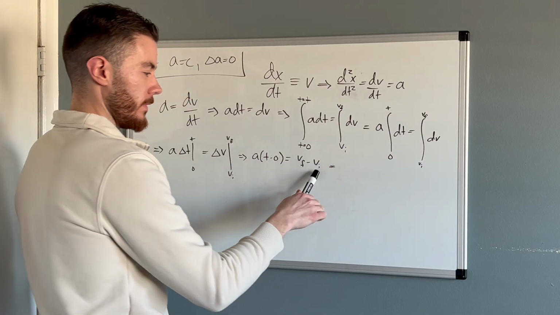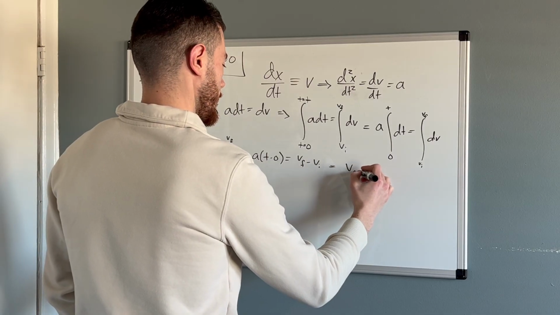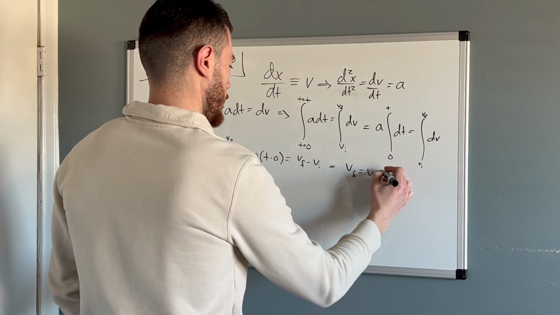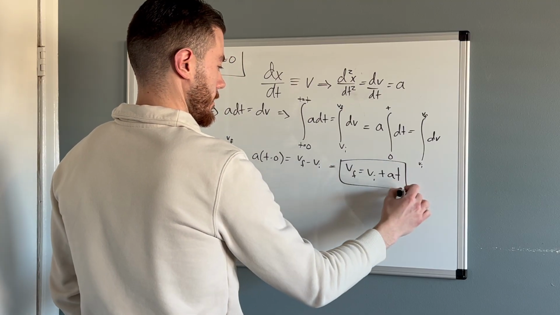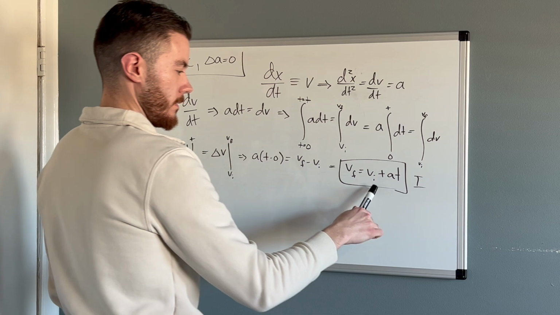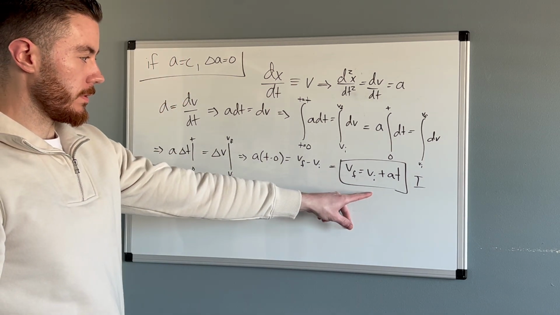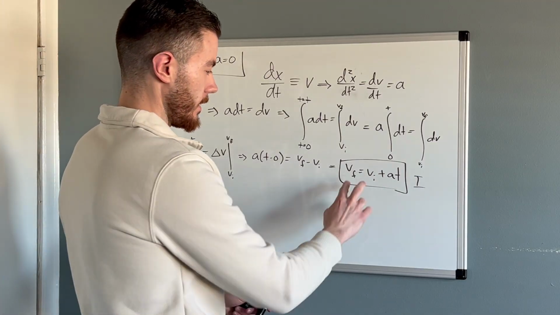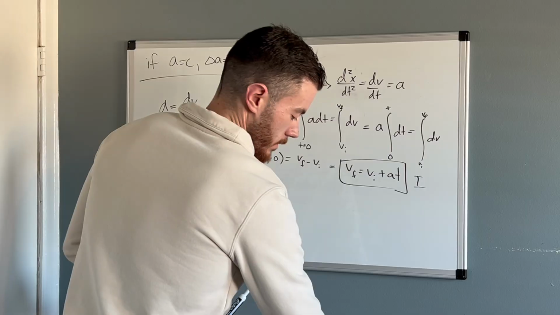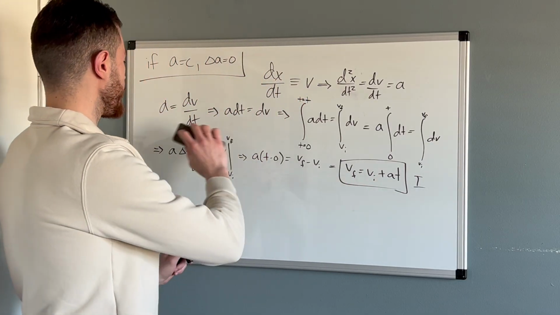Let's add vi to both sides, and we arrive at vf is equal to vi plus at, and that is our first kinematic equation. The final velocity is equal to the initial velocity plus the acceleration times the time it takes to accelerate from the initial velocity to the final velocity.